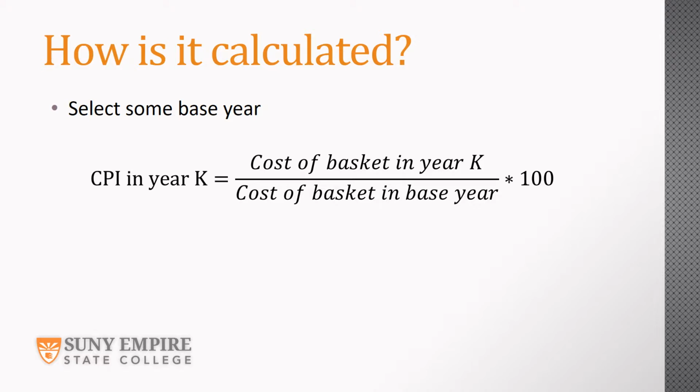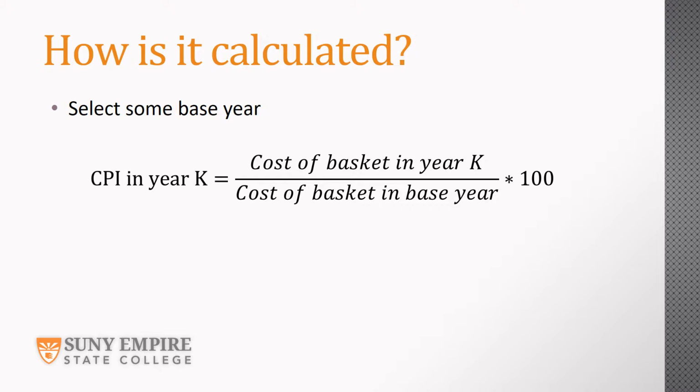Then we must determine the cost of the fixed basket of goods in both the base year and in the target year. To find the CPI, we divide the cost of the basket of goods for the current year by the cost for the base year. This quotient is then multiplied by 100.